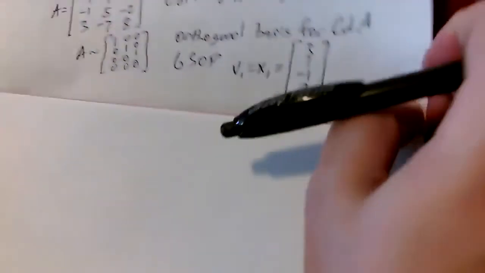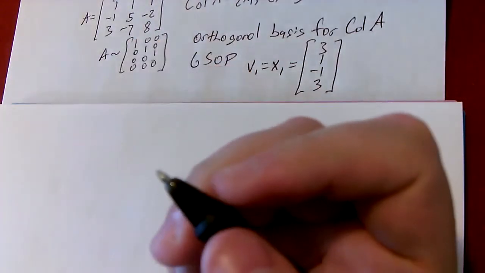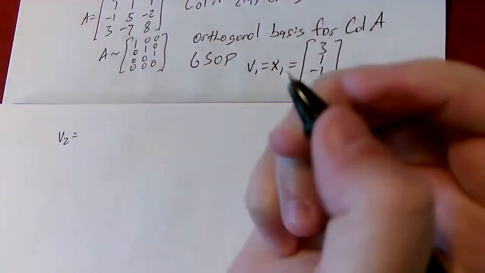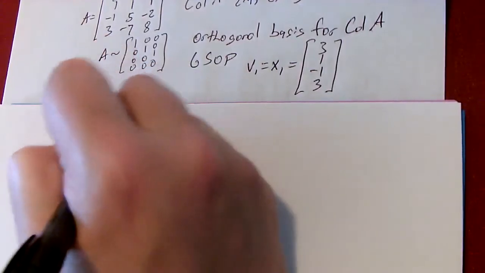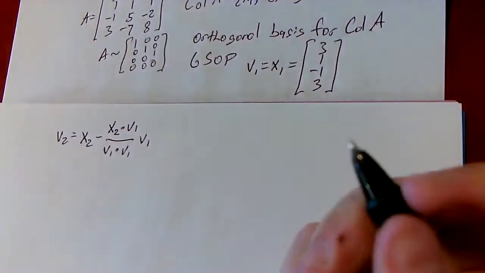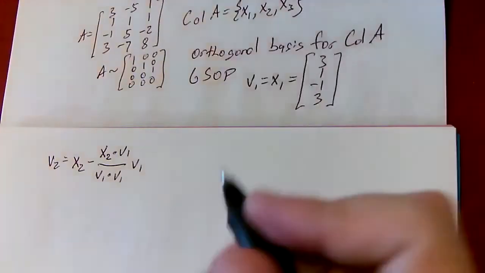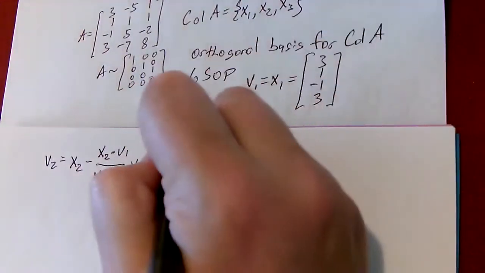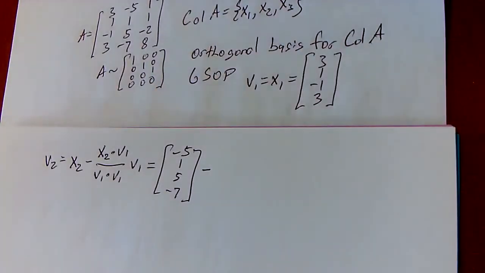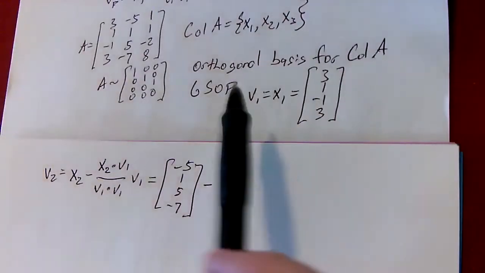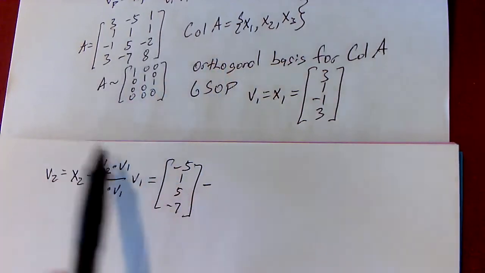Plenty of room to write here. So next we're going to go to V2. For V2, we're going to do X2 minus X2 dot V1 over V1 dot V1 times V1. So X2 is equal to -5, 1, 5, -7 minus X2 dot V1.